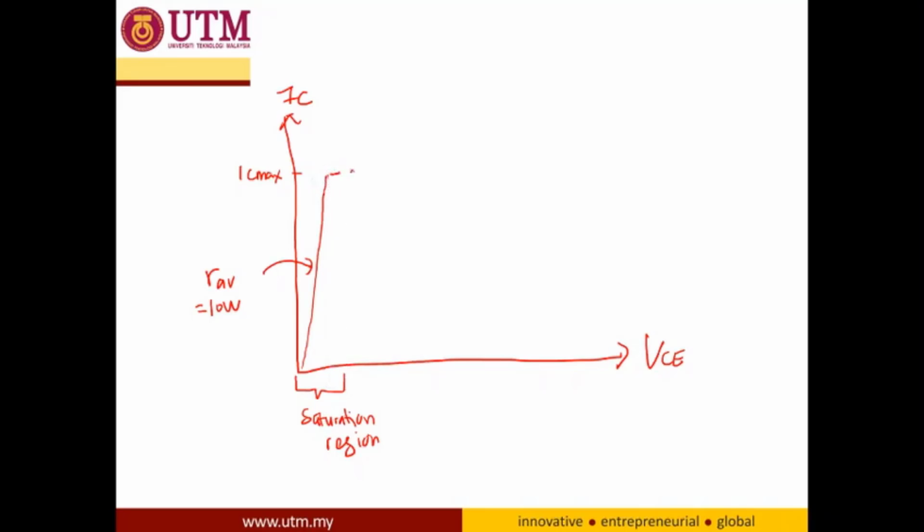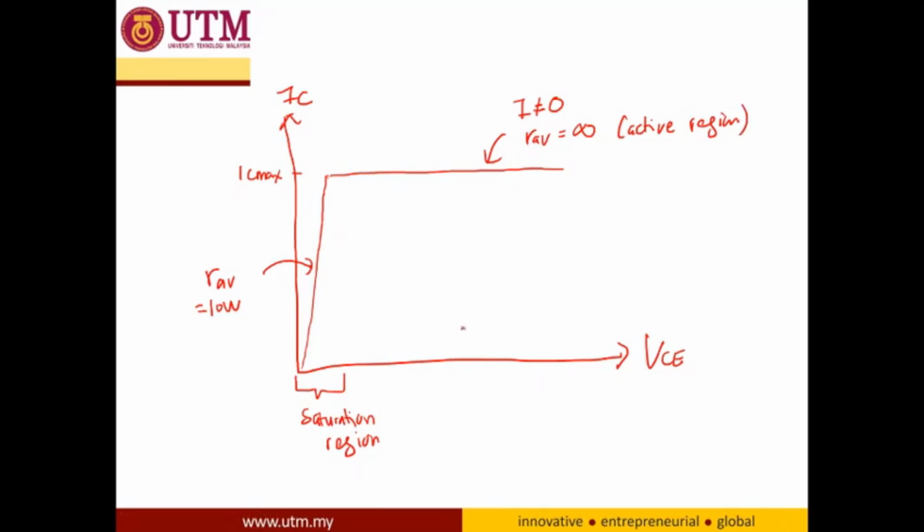The active region mode is where the current is almost fixed at a specific value. Here the current is not 0, but the resistance is infinity. So this is the active region.